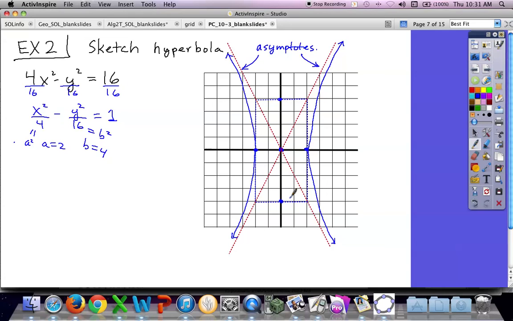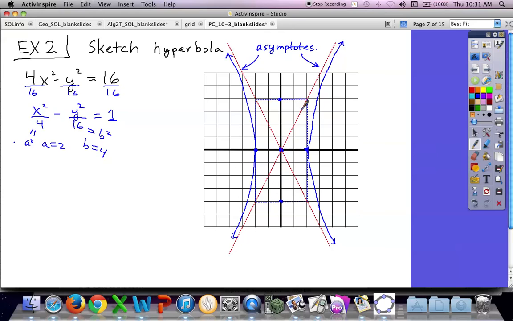Now, both of these, those two lines, have equations. And we could tell them from the graph very easily. This line right here has a y-intercept of 0, and you go up 4, over 2, that change in y is 4, change in x is 2, so 4 over 2 is 2.